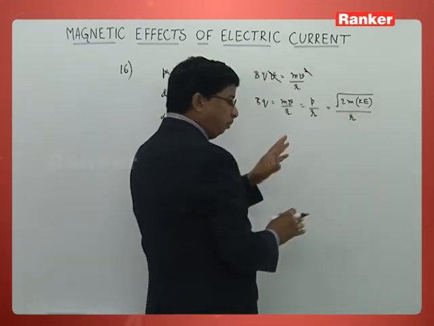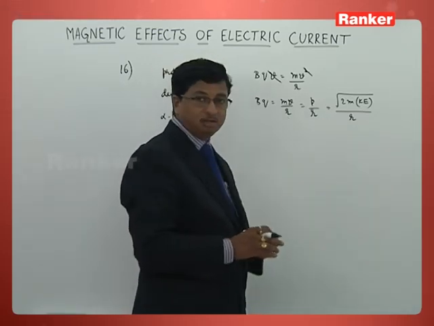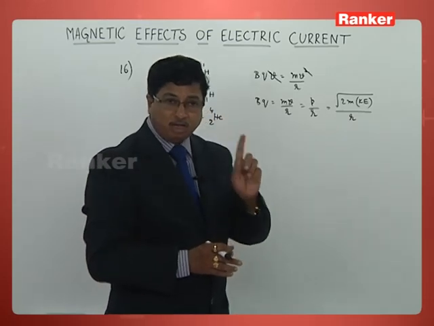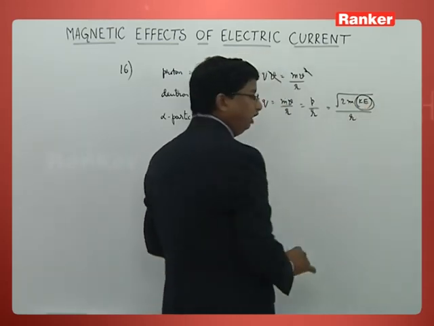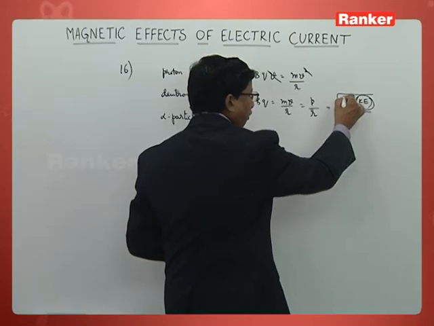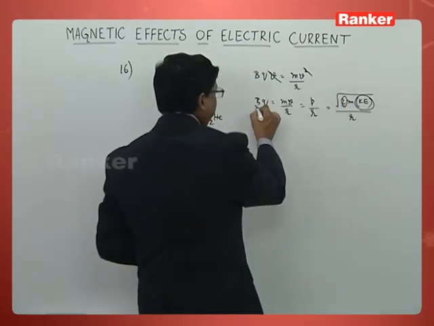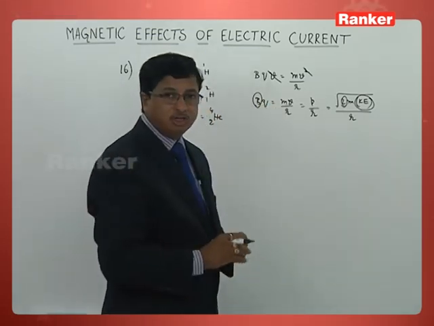So what is he predicting here, and what are the things he has given? All three particles have the same kinetic energy, so kinetic energy is constant, the same for all three. Same magnetic field they are entering, so B also is constant.